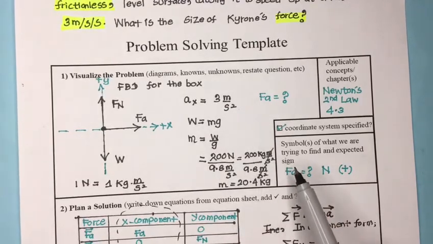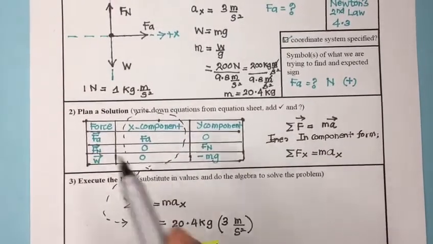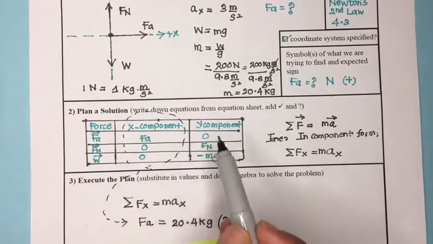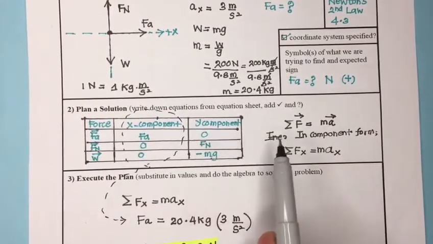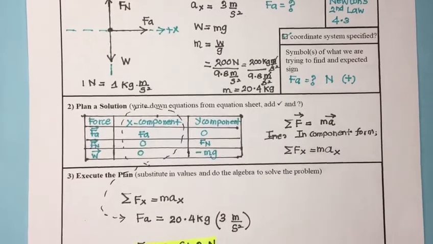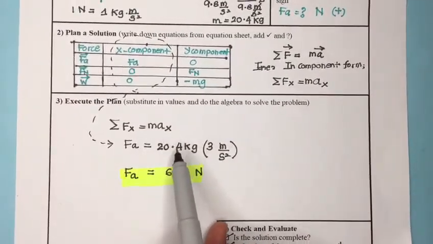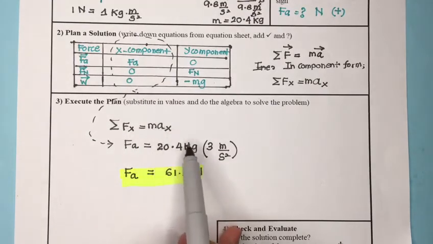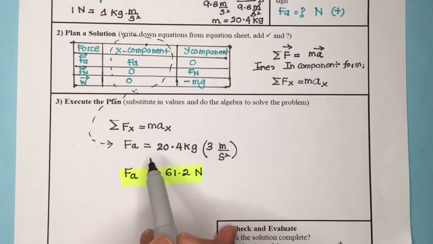And since we have the weight, we calculated the mass using the weight, and then we made this chart and looked at the x and y component of each force, used the component form of Newton's second law, and looked at the x components of the forces.